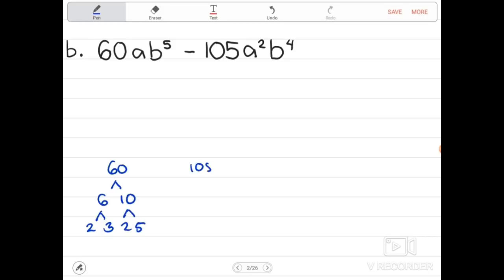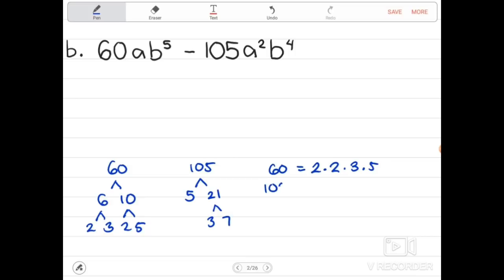For 105, we have by 5. So 5, 21. Then we have 3 times 7. So the prime factors of 60 are 2 times 2 times 3 times 5.